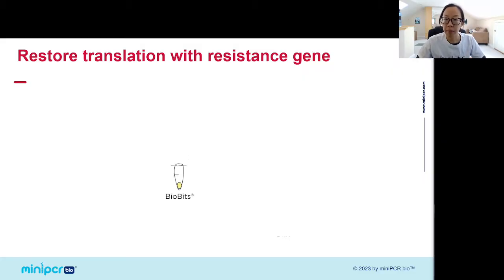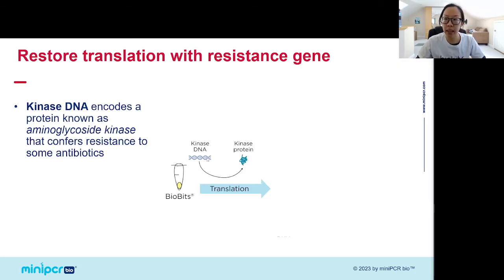Finally, the antibiotic resistance gene we're testing is called kinase DNA, and kinase DNA encodes a protein known as aminoglycosidase kinase. I'm just going to call it kinase for short, even though there's lots of different kinases, but for the purpose of this lab, we're just going to refer to this enzyme as kinase.